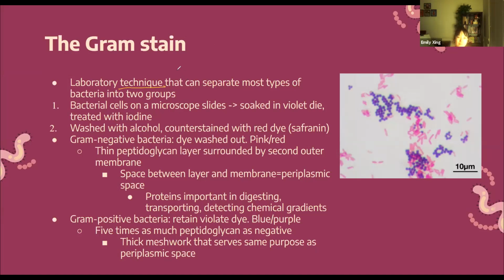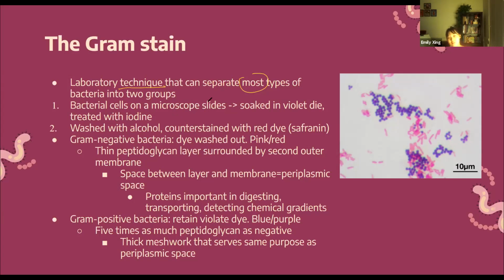You probably expected that, and it separates most types of bacteria into 2 groups. This word is key because it means that not all of the bacteria can be classified into these 2 groups, unlike with domains.